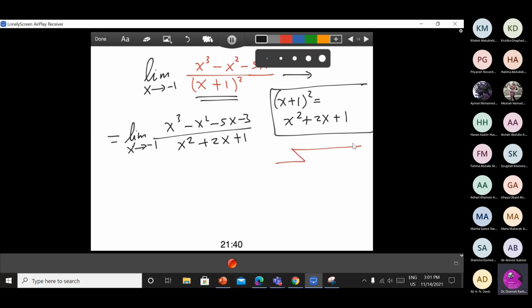Long division, right? So I have to divide x cubed minus x squared minus 5x minus 3 by x squared plus 2x plus 1.